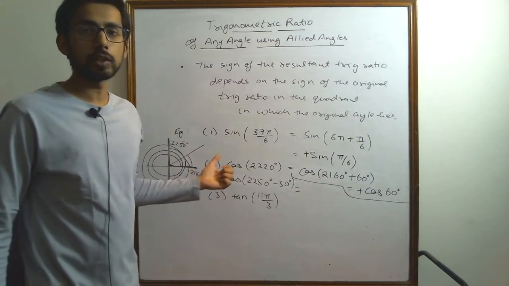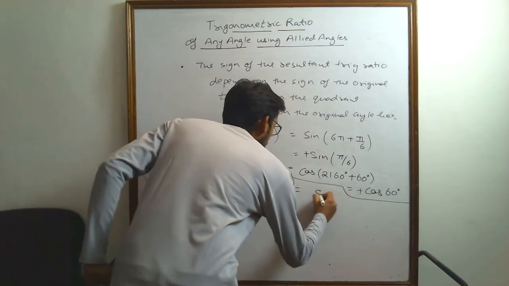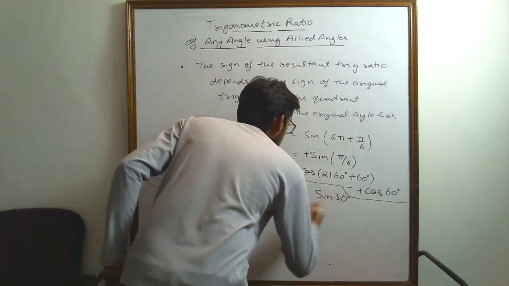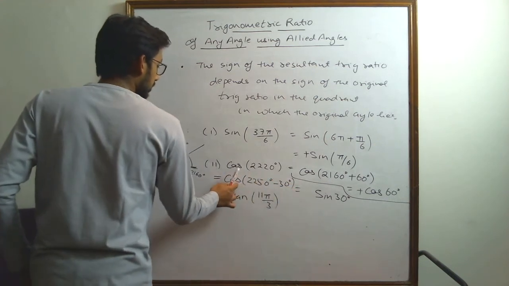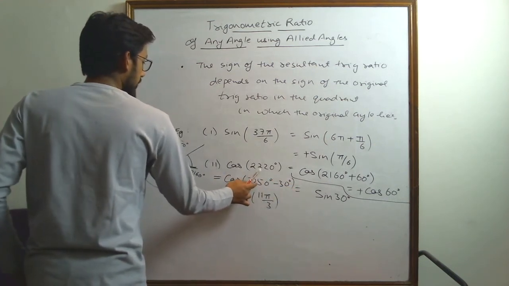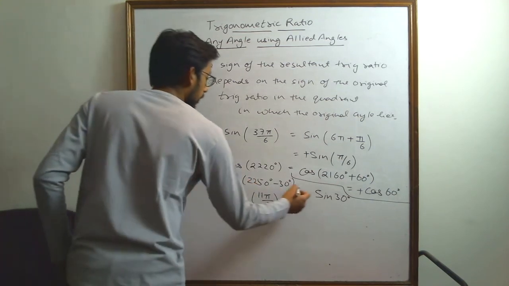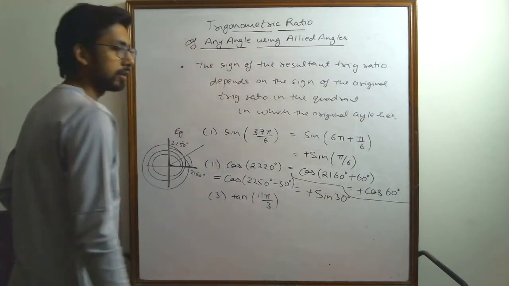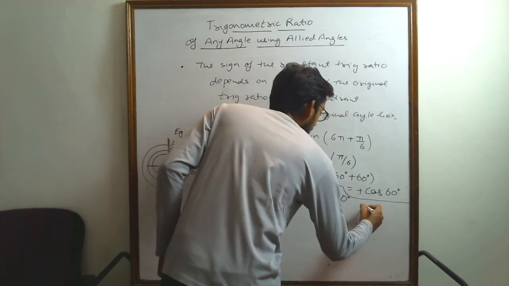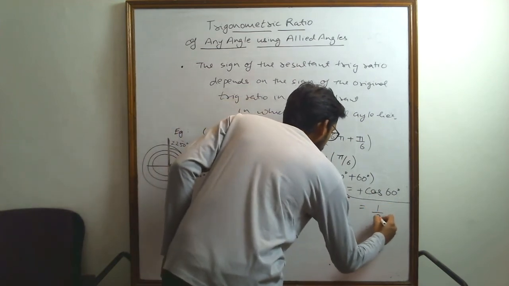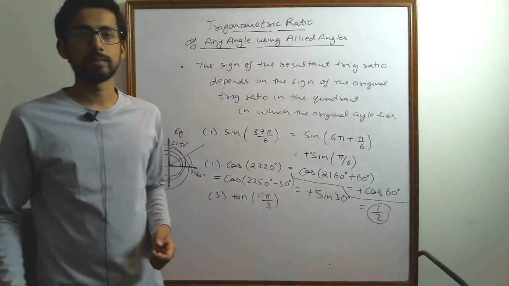That means the trigonometric ratio will change according to the first rule. So cos will be written as sine, and this will be sine 30 degrees. Now the sign of this resultant will depend on the sign of the original ratio for this angle. So again it is in the first quadrant, so cos is positive, so we will get positive sine 30 degrees. Sine 30 degrees and cos 60 degrees are the same, both are equal to 1 upon 2. That's why both answers are 100% correct, right?